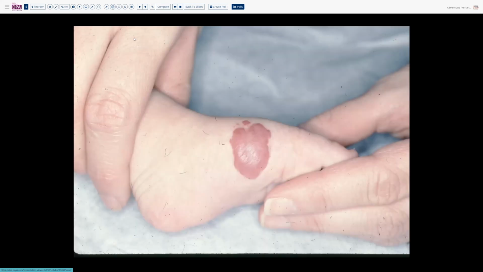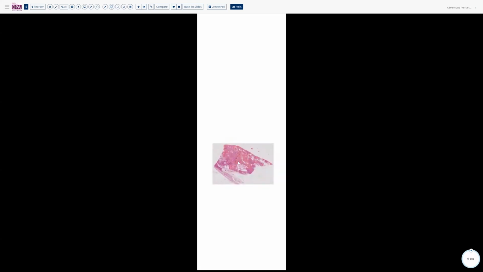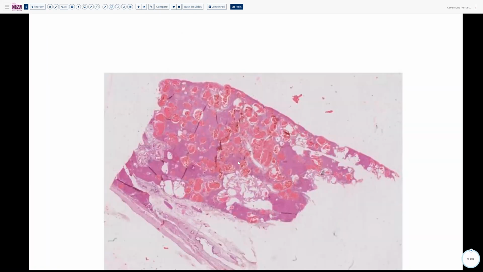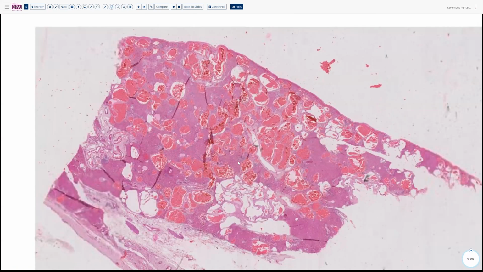We have a number of examples, but here's a nice example of what that can look like on the skin. They can also occur in deeper locations, of course. And here's an example, I believe, taken from the liver.